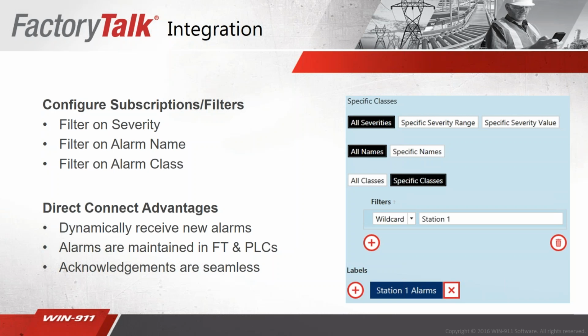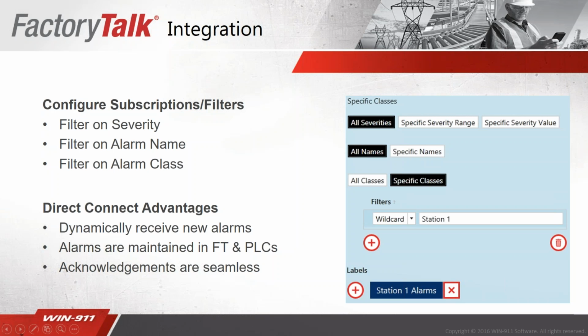So you can see the workspace, or the configuration, on the right. I'm filtering on a specific class, and you can see the filter I'm using is a wildcard filter, and I'm looking for any alarm that belongs to an alarm class called Station 1. If I get that alarm, I'm going to attach what we call an alarm label.